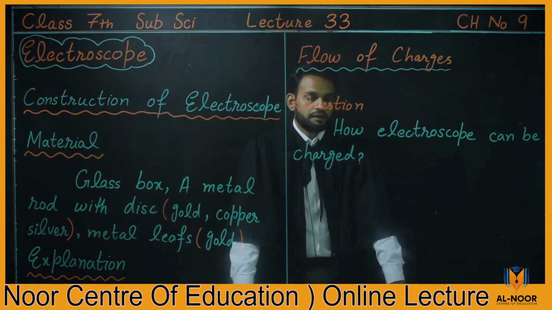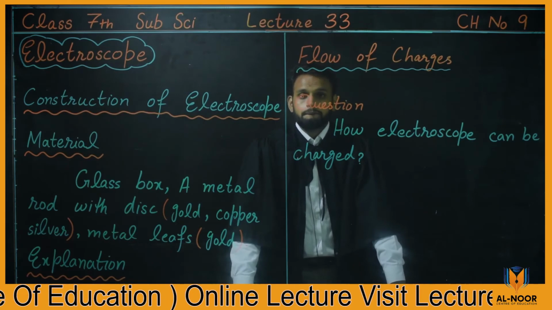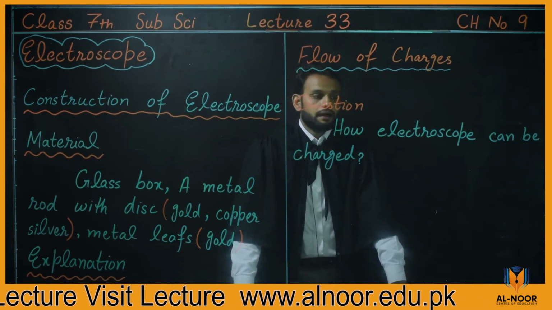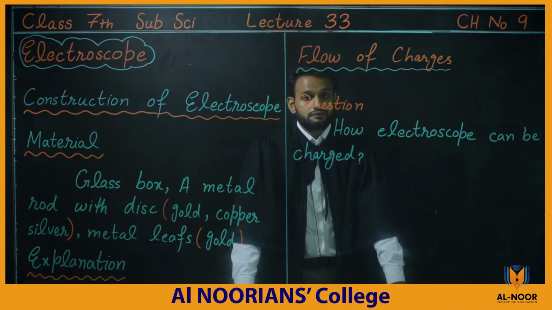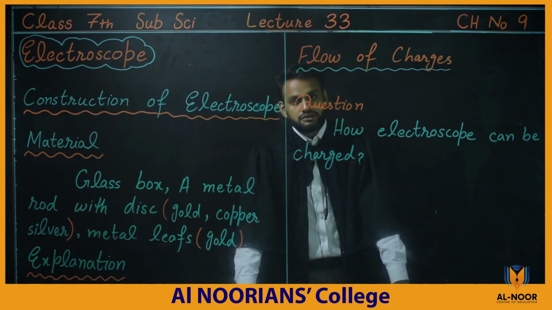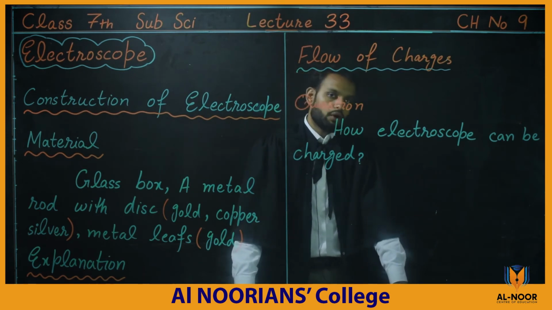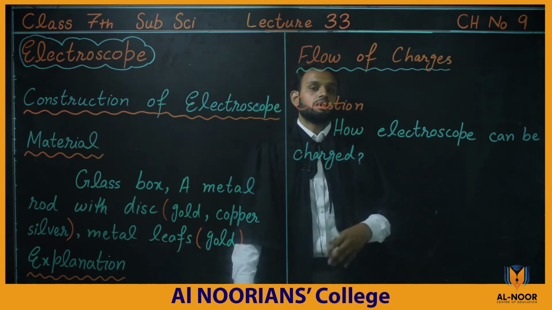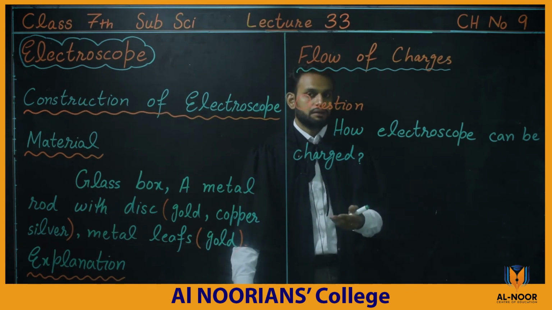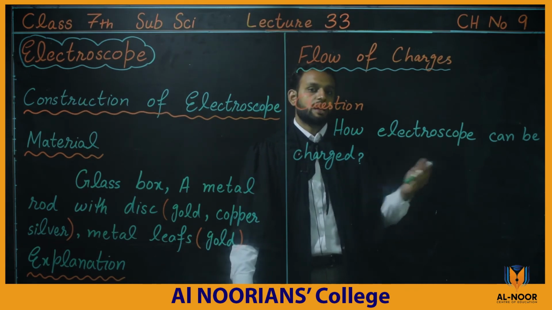Electroscope can be charged when a charged body is touched with the disc. Electroscope is charged either positive or negative. It depends on what kind of charge is on the charged body.